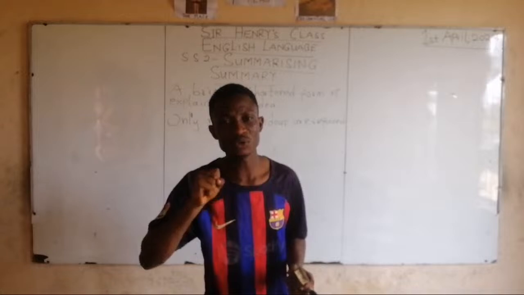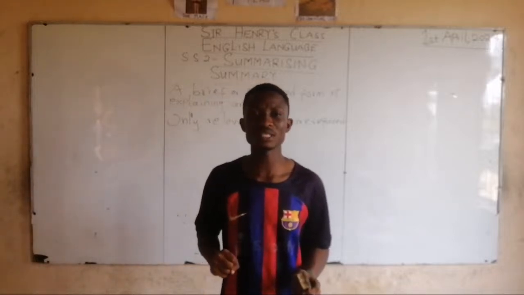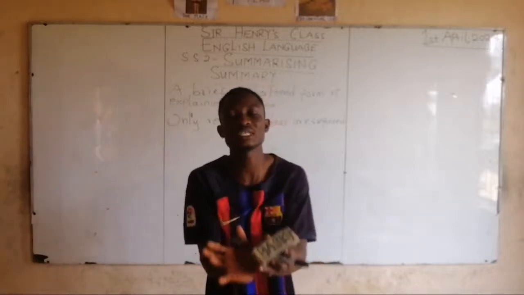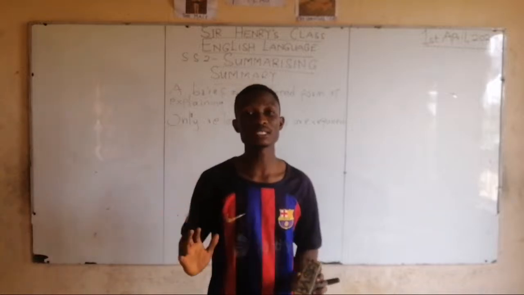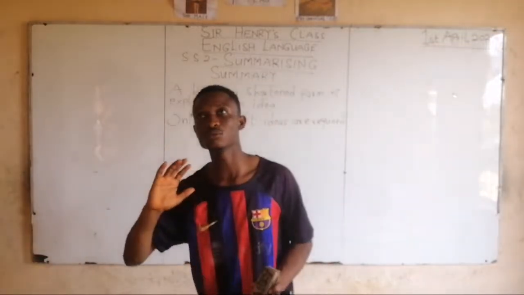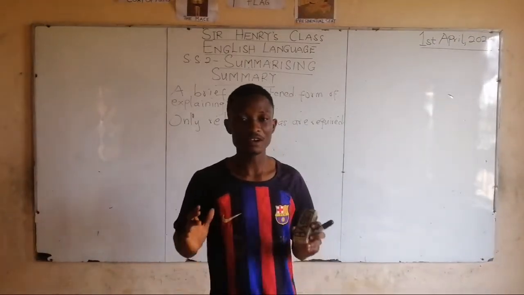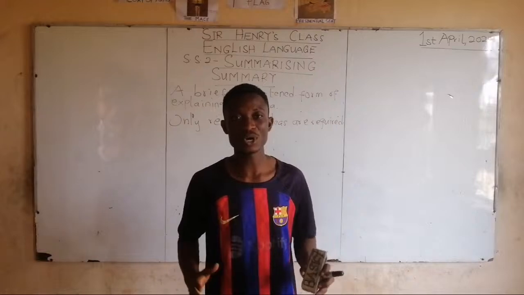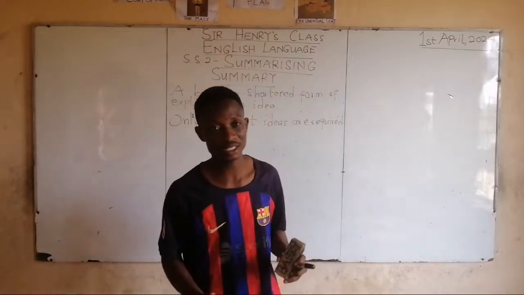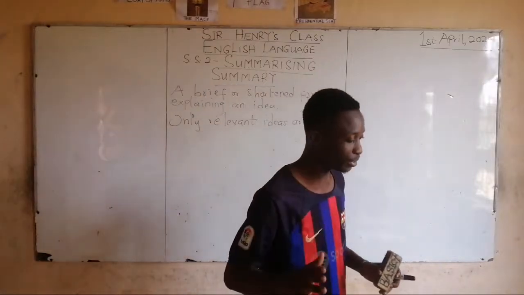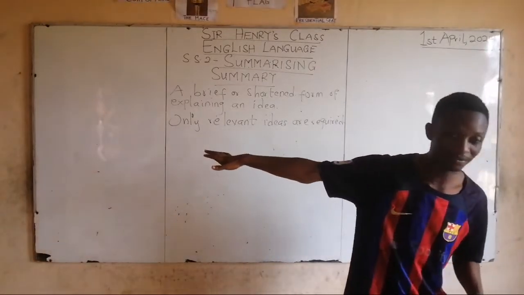I now need to take the relevant information out of it, in a shortened form. So if the whole passage is like 200 words, I'm to make like 80 words out of it. I've made what you call a summary, or I have summarized, or I am summarizing. You get it? Yes. So in summary, we only require relevant ideas.